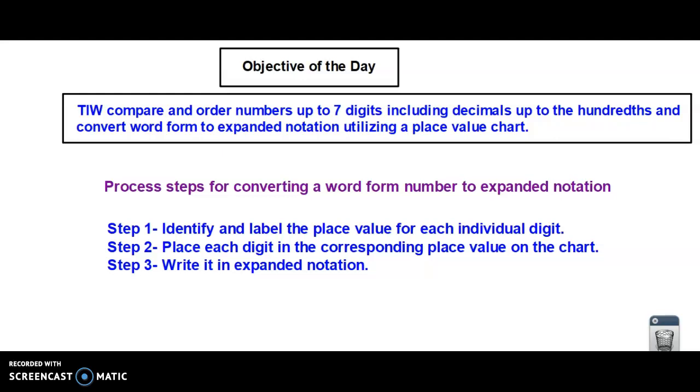Our process steps for converting a word form number to expanded notation are: Step 1. Identify and label the place value for each individual digit. Step 2. Place each digit in the corresponding place value on the chart. Step 3. Write it in expanded notation.